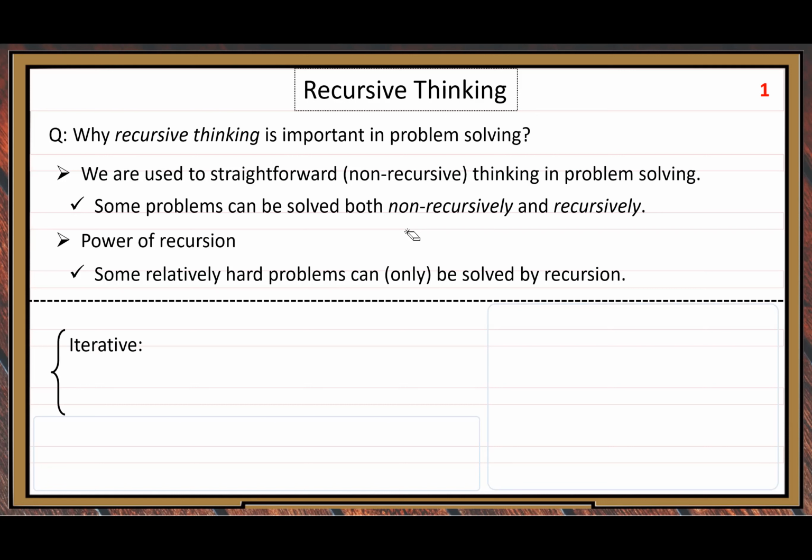Now we do a comparison. Non-recursive is what we call the iterative way. You solve it with for loops and while loops, but no recursion. The other is the recursive way.